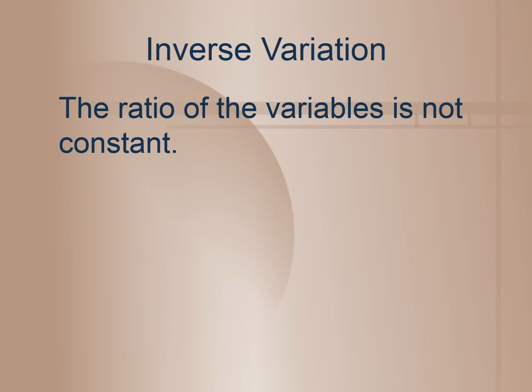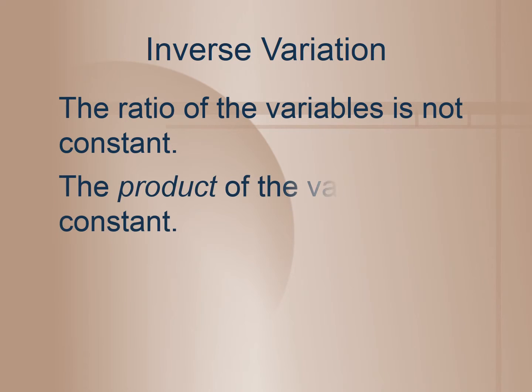All right, now let's take a look at the opposite of what we have just learned. When we have an inverse variation, the ratio of variables is not constant. So we can't do y divided by x and get the same number every time. That is called an inverse variation, and that's when the product of the variables is constant.